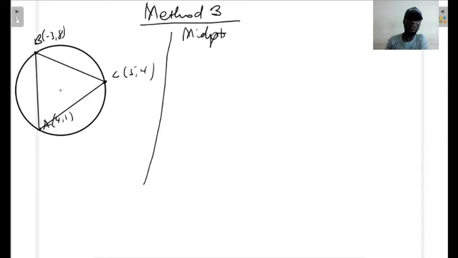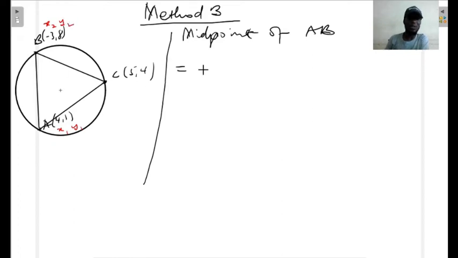Midpoint of AB. We are just going to use the midpoint formula, and that will be x1. So here this becomes our x1. Let me just write it so that I don't get confused. So this is x1, y1, x2, y2 here.